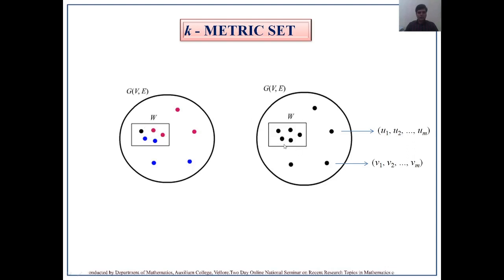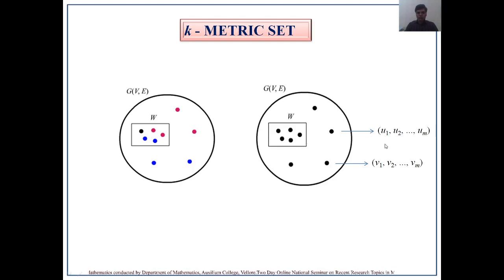In other words, you choose set W with some vertices, you find the representation of a vertex and write it as a sequence, you find another vertex and find its representation, and write it as a sequence. That means we are finding the distance between this vertex and all the vertices in W. Similarly, the distance between this vertex and all the vertices in W, and we are writing it.